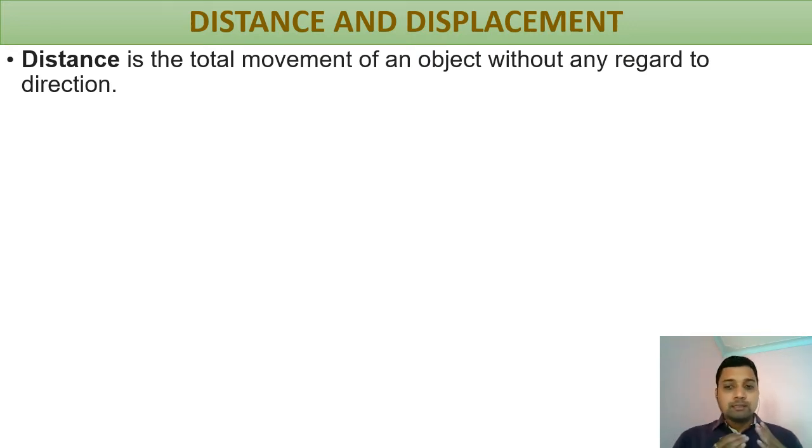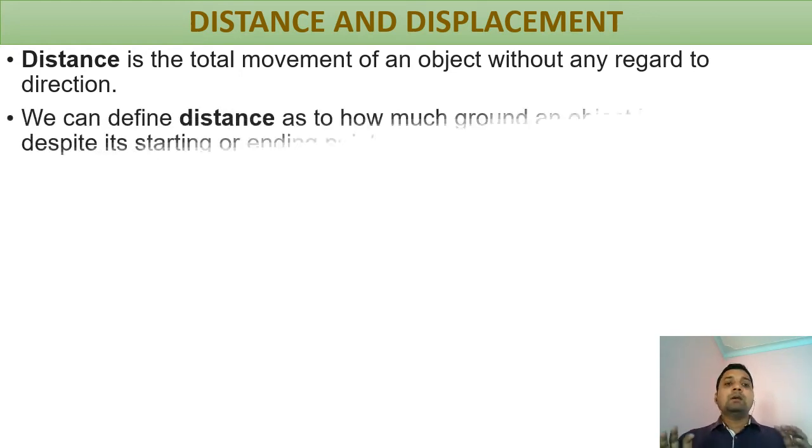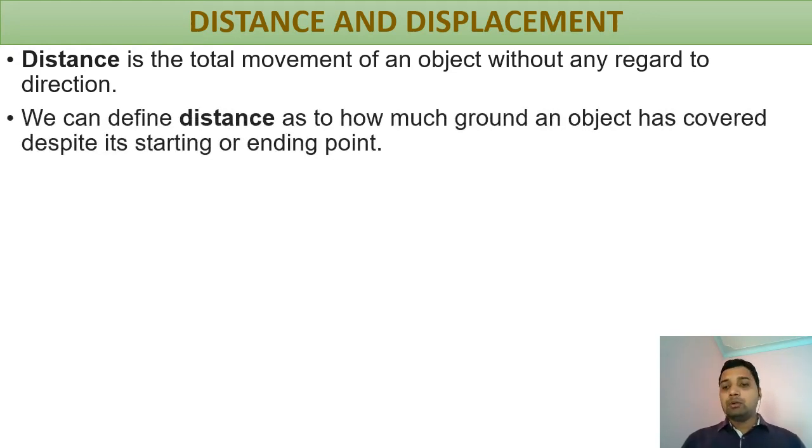When a body changes its position from the initial point to the final point, that length is called the distance. Distance shows us how much ground, how much length is covered from the starting to the ending point of the journey.